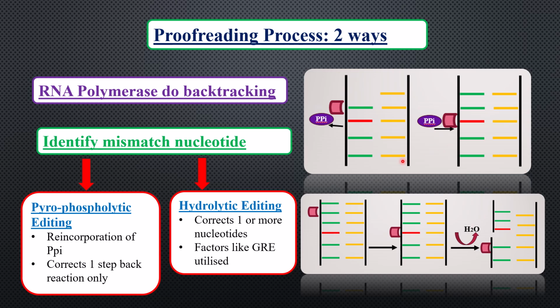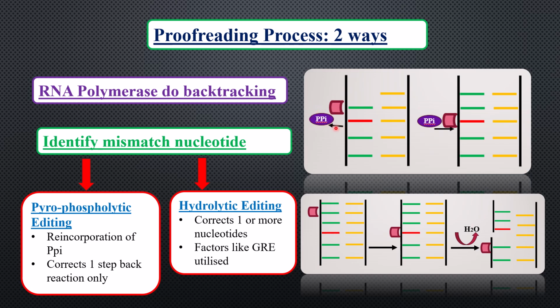In the first case, where pyrophospholytic editing happens, the polymerase enzyme will identify a mismatch just one step back. So it can catalyze a one step back reaction. Once it moves on to the polymerization of the next nucleotide, it will identify and come back. When the new RNTP is being added, we have this available pyrophosphate.